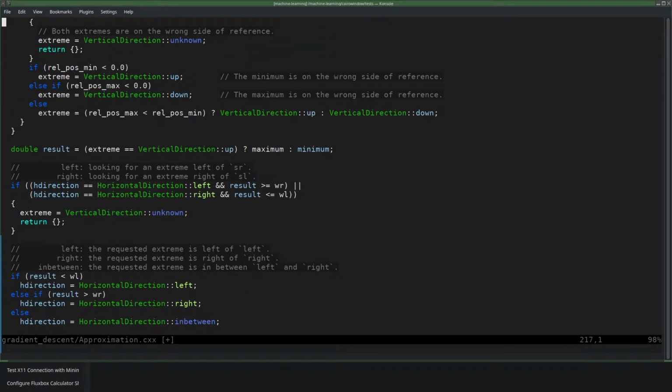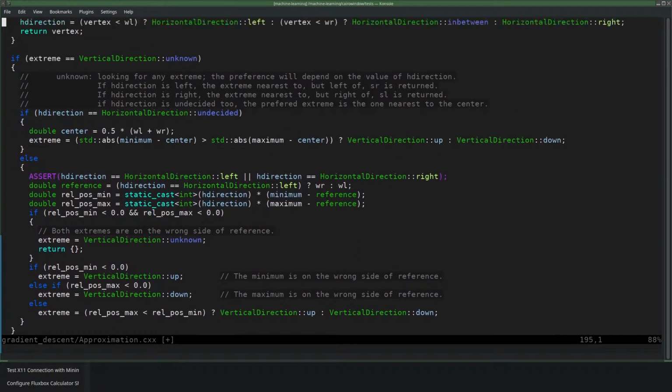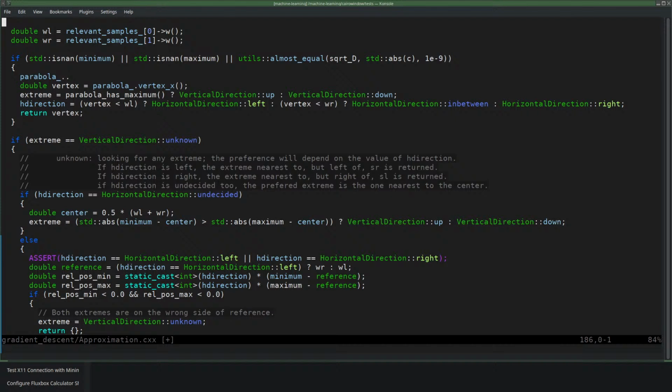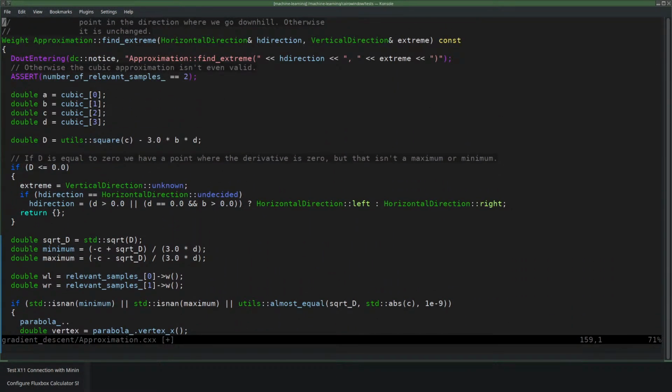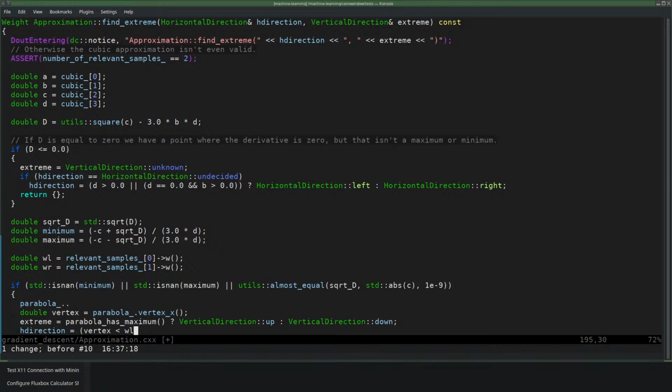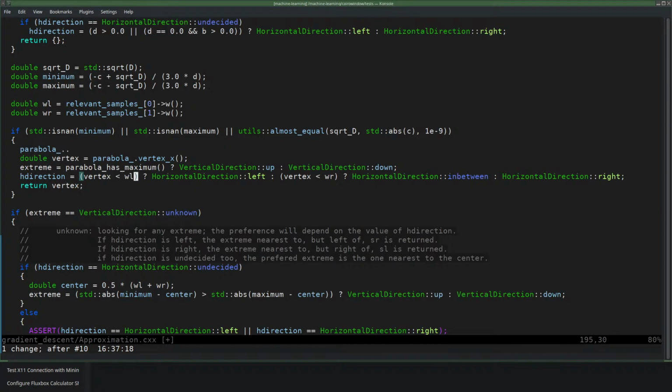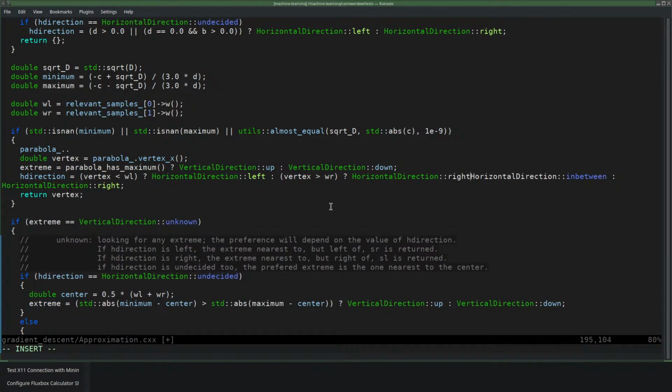So it is larger than WR. Then it is right. Otherwise in between.